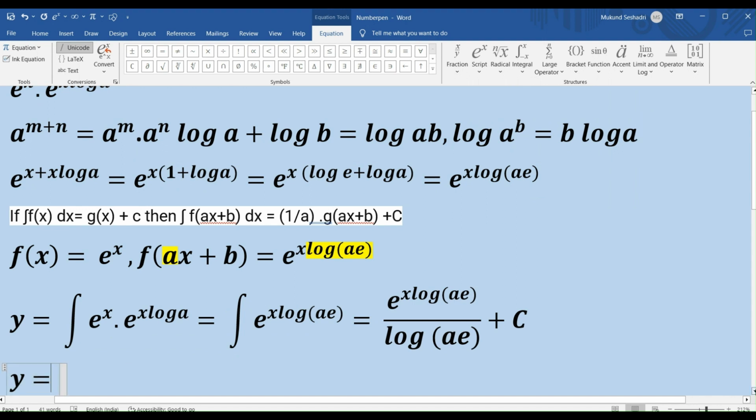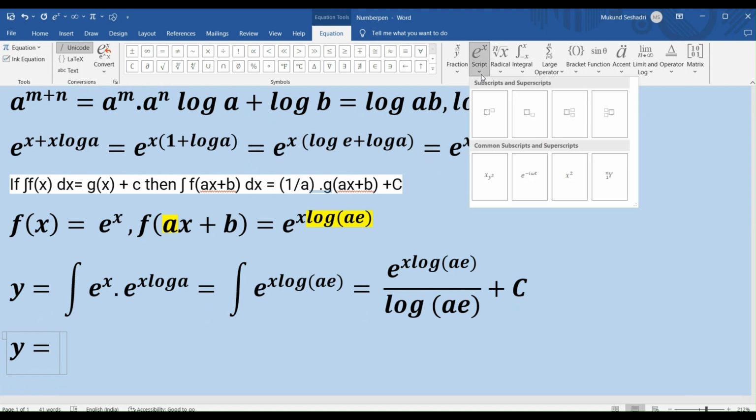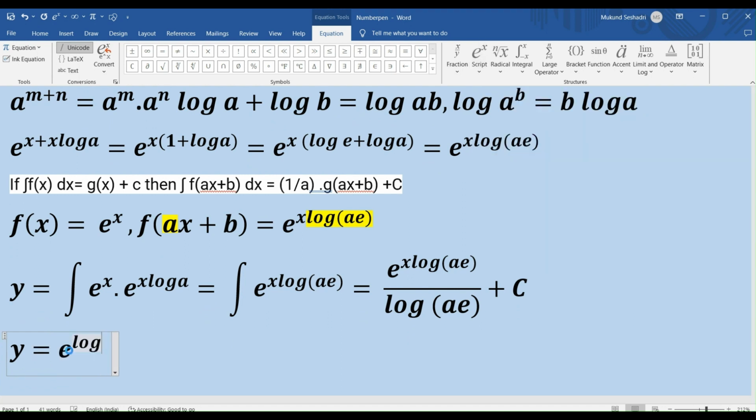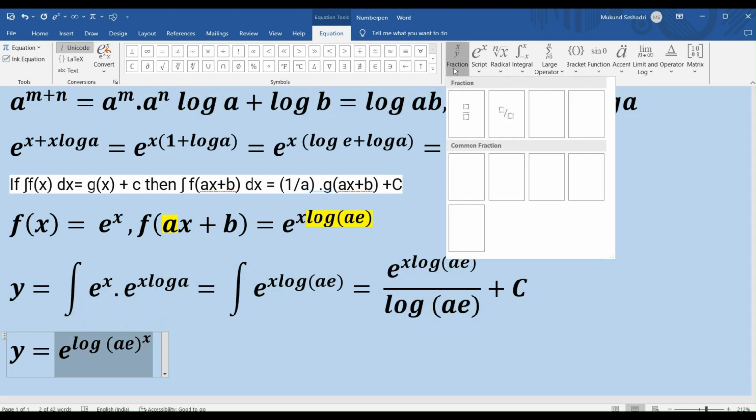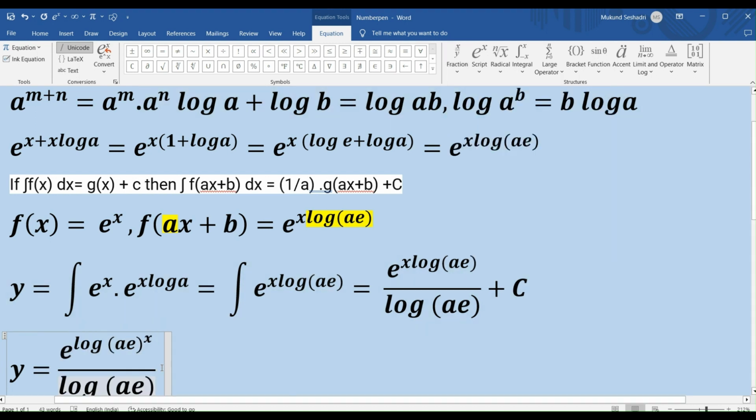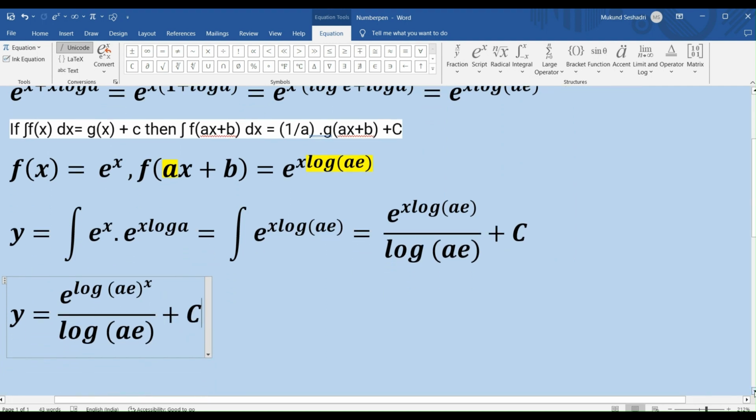What is it that I get? e to the power log of ae to the power x, the whole divided by log of ae plus c, right?